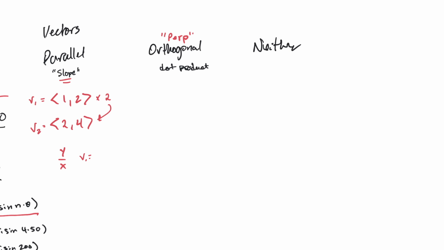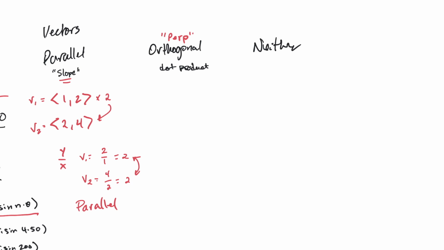Vector 1 would be 2 divided by 1, which is just 2. Vector 2 would be 4 over 2. That would also reduce to 2. If these 2 values are the same, we have parallel vectors, right? If they're not, it's not parallel. That way, it doesn't matter if I have fractions or any kind of weird situations happening, I can always do that, and I can determine if they are parallel or not.